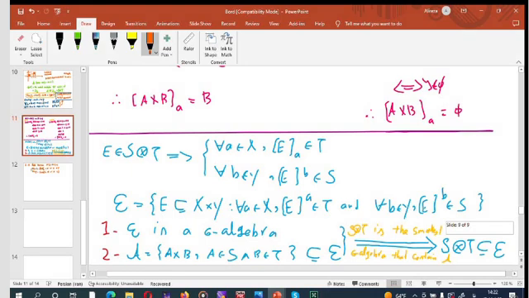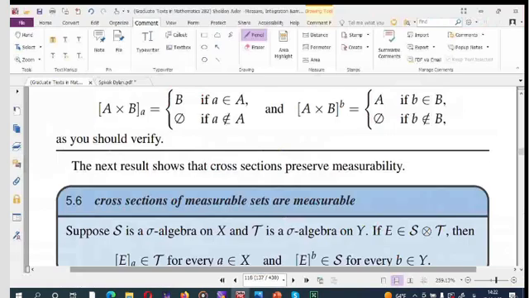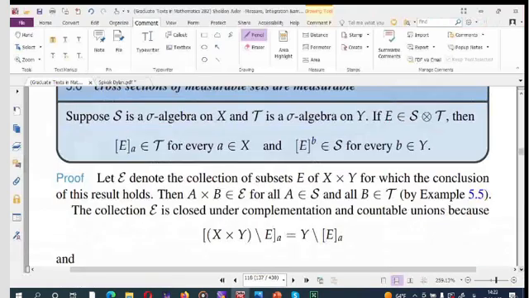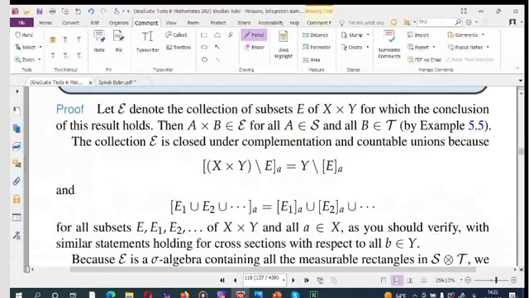So it is important that we prove that E is a sigma algebra, and the proof is easy. The collection E is closed under complementation and countable unions.